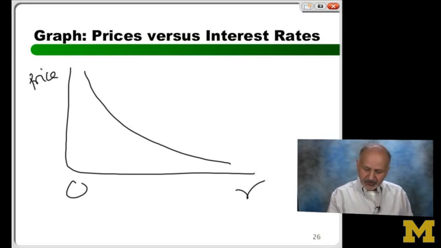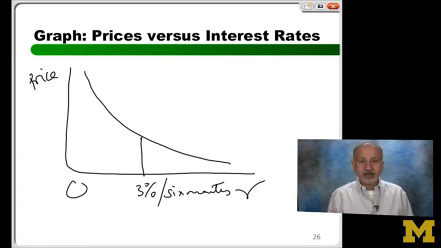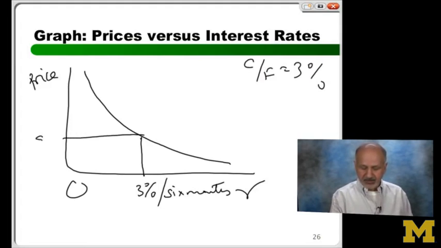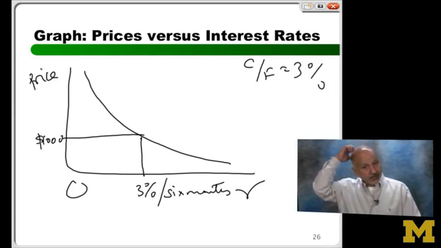So if the interest rate is 3% per 6 months, and the coupon rate of this bond was what? 3%. What will the price be? 1,000. We just did this.